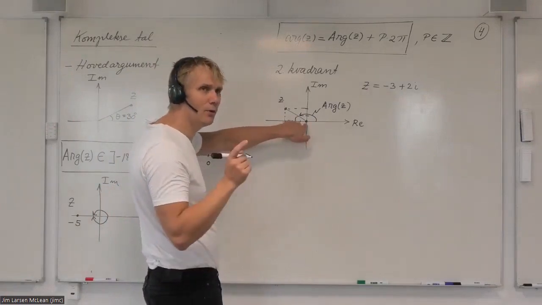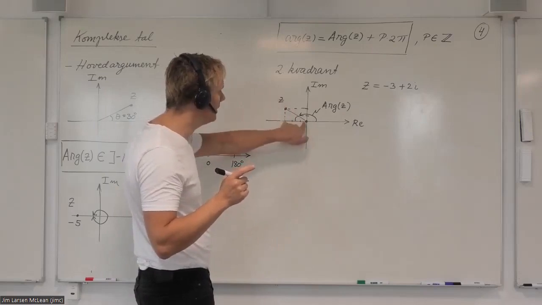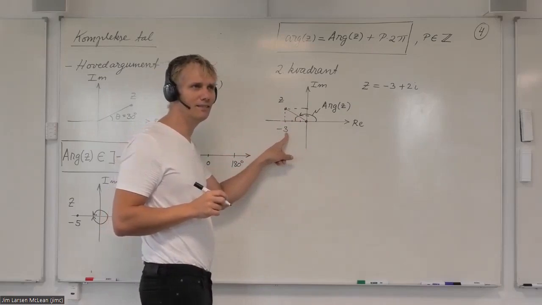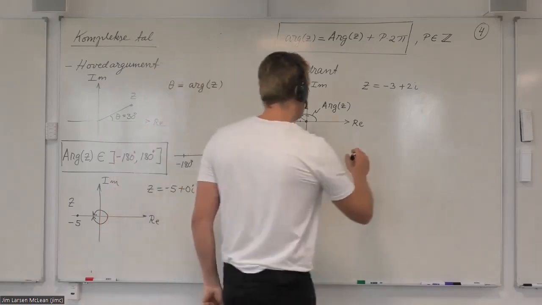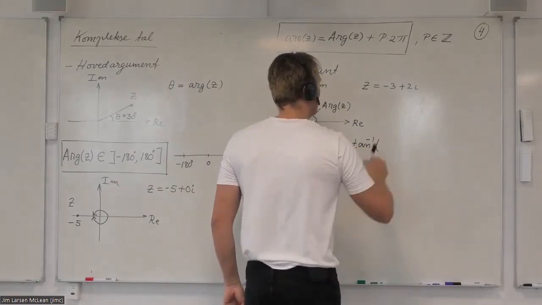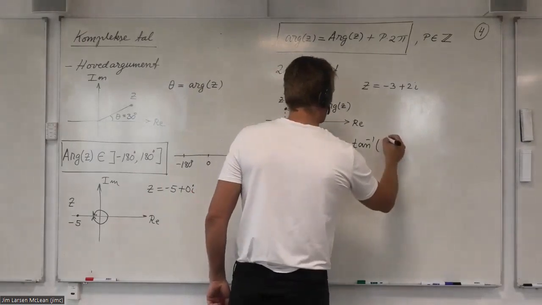But you have to be careful, because the distance here, we know it's 2, and the distance here is 3, but it's -3. So what happens if I take the inverse tangent of 2 divided by -3?